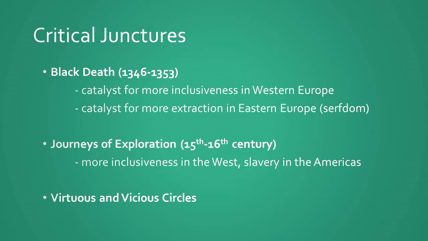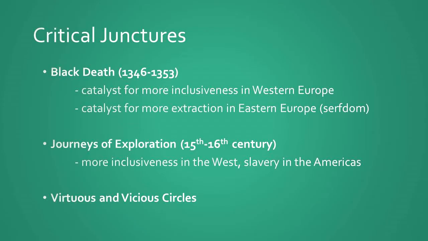They say it acted as a catalyst for more inclusive states in Western Europe, and at the same time as a catalyst for more extractive, more repressive states in Eastern Europe, and for the reintroduction of serfdom.